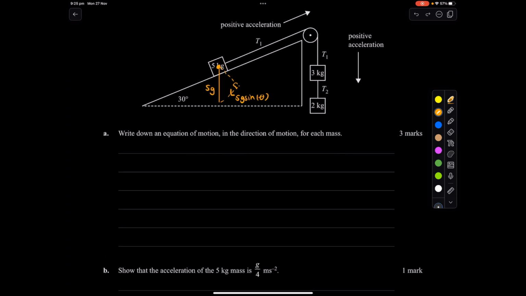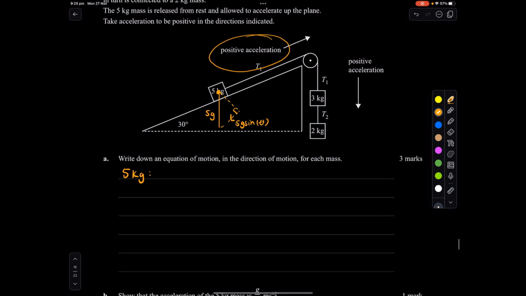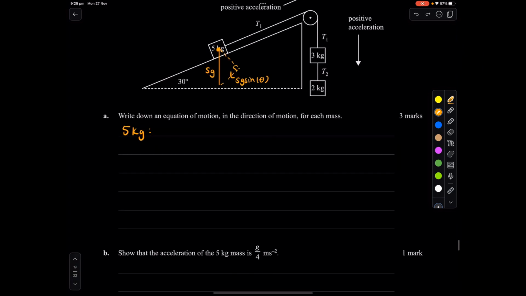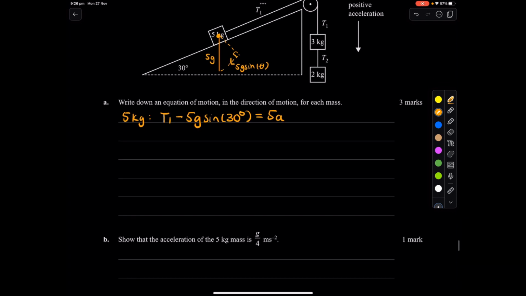For the 5 kilograms, because we're taking positive acceleration upwards, we're going to take up as the direction. So T1 minus 5g sine theta, which in this case is 30 degrees, is just equal to your mass times the acceleration. So your mass is 5 times the acceleration, which is a.